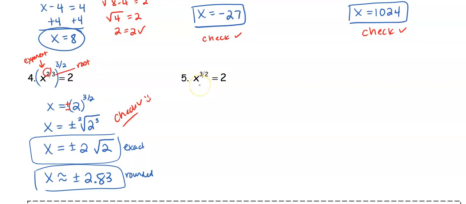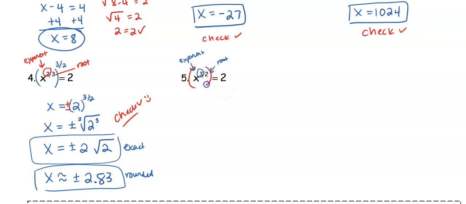Our next one, our last one here, we have an odd exponent and we have an even root. So odd exponents don't give us any trouble, but even roots, what you have to make sure that you have here is that your even root is not equal to a negative number, and it's not, so we're good.